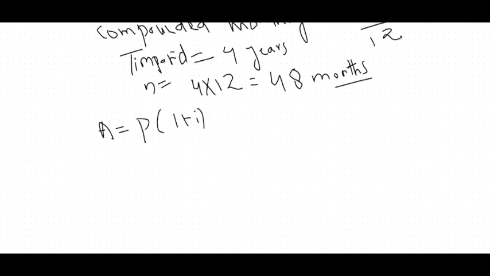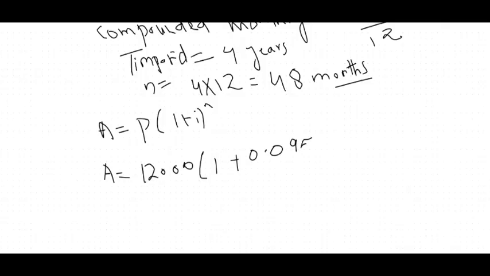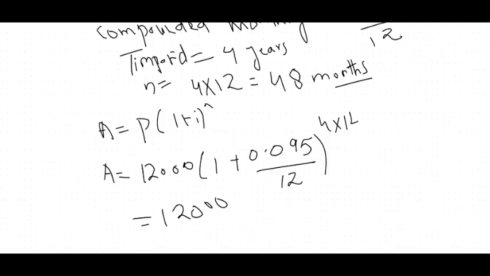So calculating A for the lump sum, we have A equals 12,000 into (1 plus 0.095 divided by 12) to the power of 48.